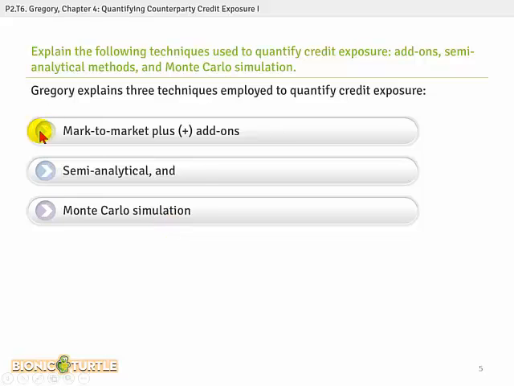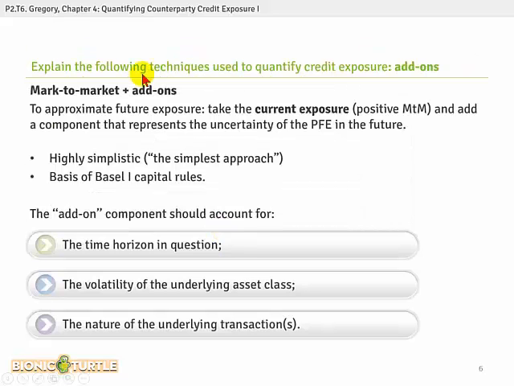So you can think of these as in a progression where the add-on is simplistic and the Monte Carlo simulation is sophisticated. So in the add-ons or mark-to-market plus add-ons approach, we simply take the current exposure, and just to remind, current exposure is going to be a positive mark-to-market.